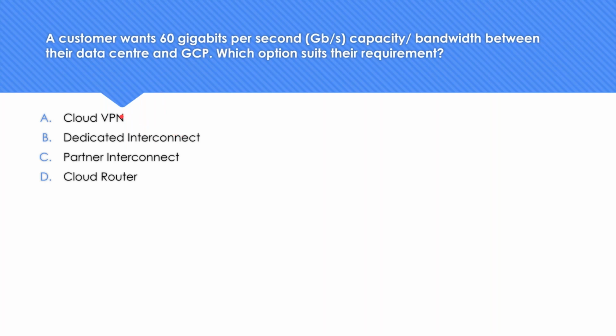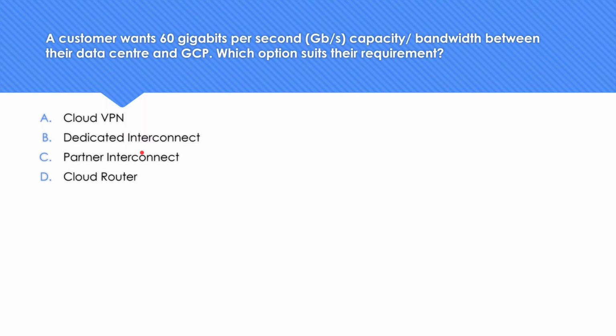Cloud VPN, no. You have to have n number of tunnels, close to 20 tunnels, to support that, which is not going to be an effective solution. Partner Interconnect. Why did you discard Partner Interconnect, folks? What was your thought process to discard it? VPN, we understand it's going to be really expensive.